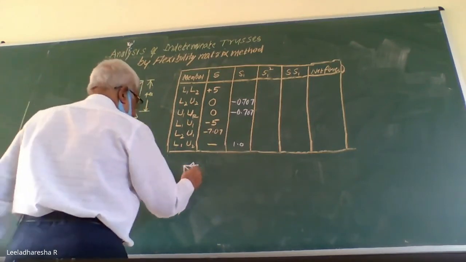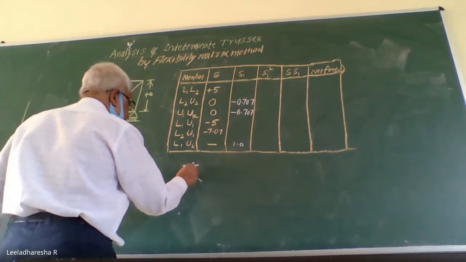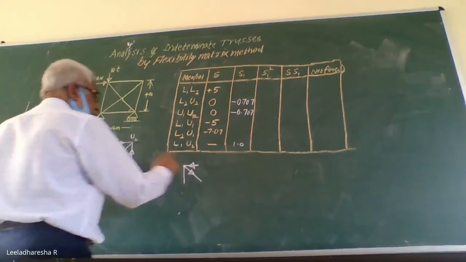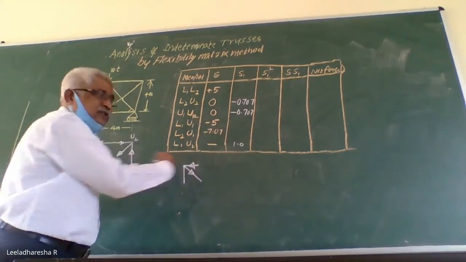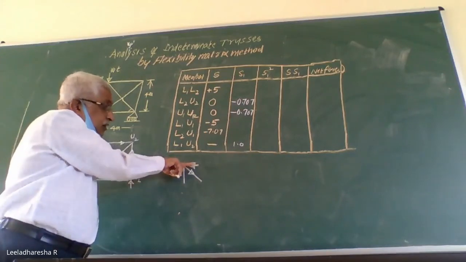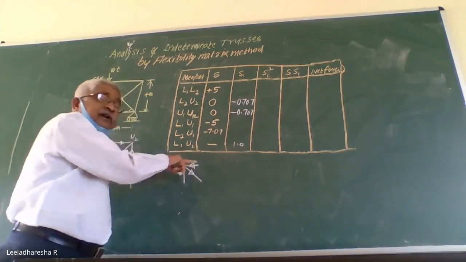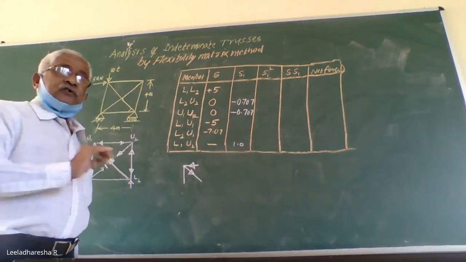Now force in this member, I assume this to be a tension member. Why I assume tension means, see, already one force is acting towards left, that I know. So one of the horizontal components of this should act in rightward direction.